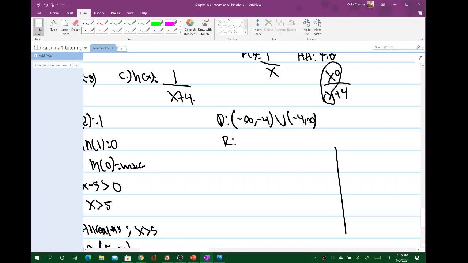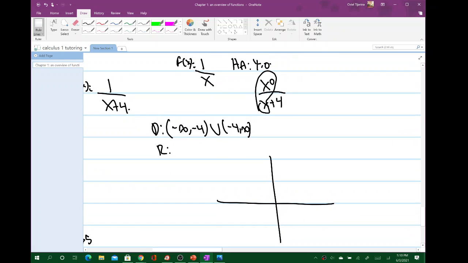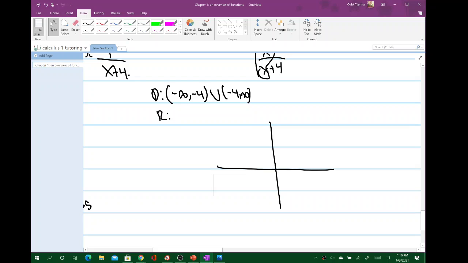So in reality, if we do a little sketch, I believe it goes something like this. So this is negative 4, and I'm trying to think really quickly.